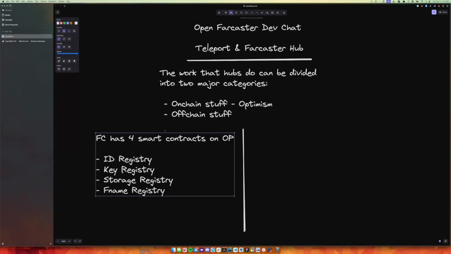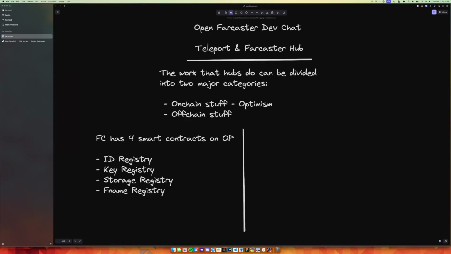When you sign in with Warpcast or something like that, it creates a new session key and links that on chain. So messages coming from that key are considered to be related to your FID, right? And just keep in mind, the key registry only has the public keys, and none of the messages are actually being posted on chain. It just contains the mapping from the public keys to the FIDs.